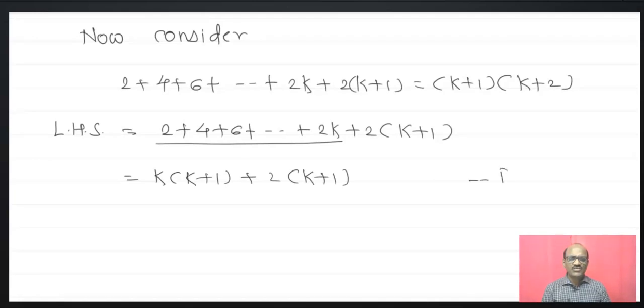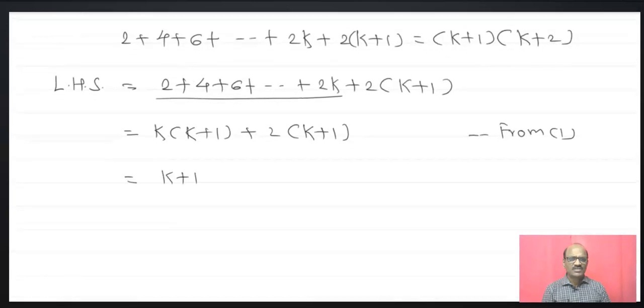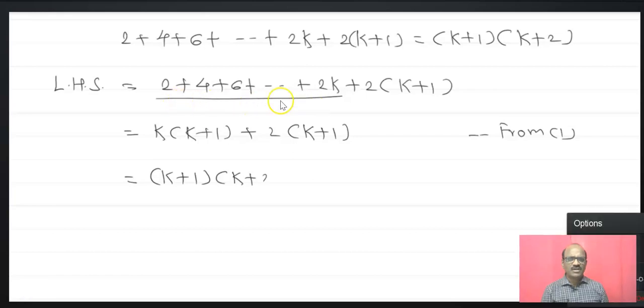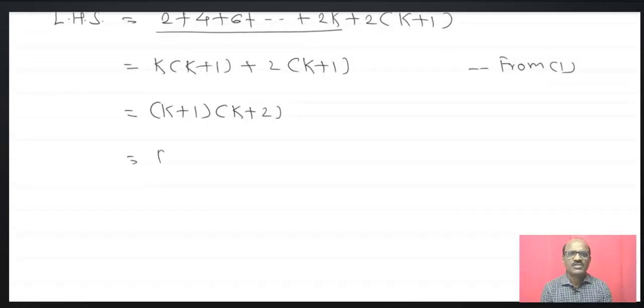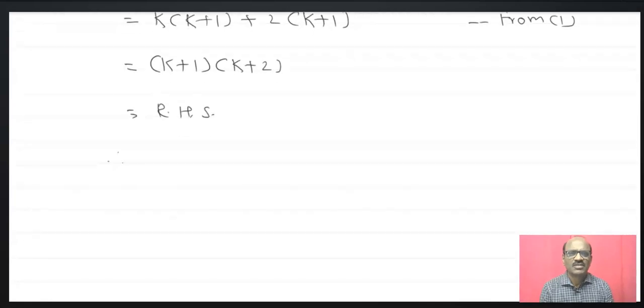Now from these two terms, this is from 1, we substitute here. The value up to the underline is treated as k in bracket k plus 1. Now from these two we take k plus 1 as common, then in bracket we will get k plus 2.